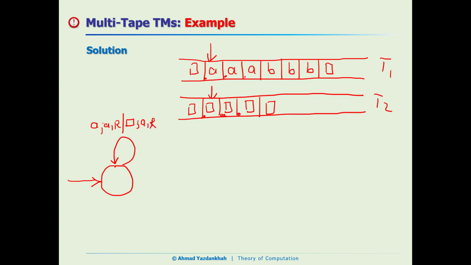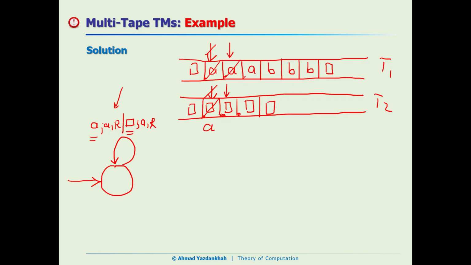What would happen? In every time frame, the Turing machine will check both of these conditions. It asks, is it A? Yes, it is A. Don't change it, go to the right. At the same time, is it blank? Yes, it is blank. Change it to A and go to the right. And since it is a loop, this would happen for all of these A's.